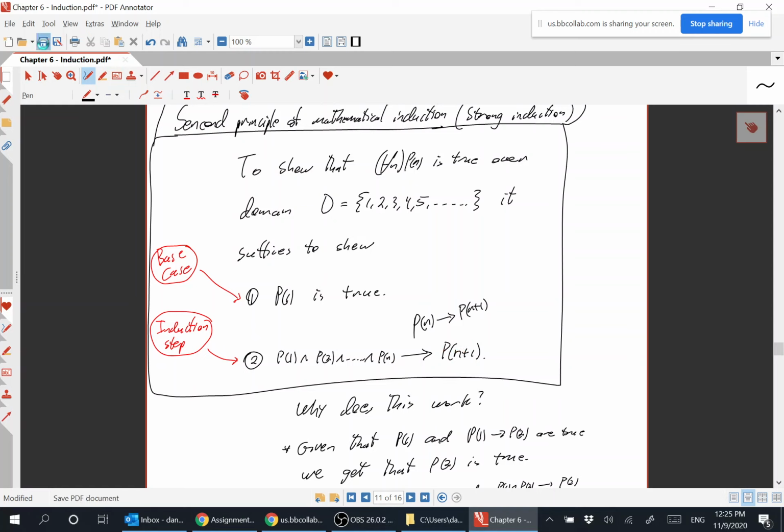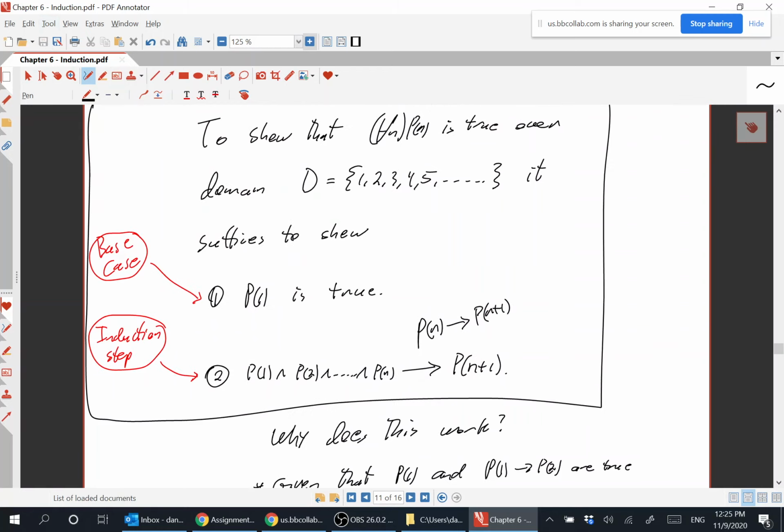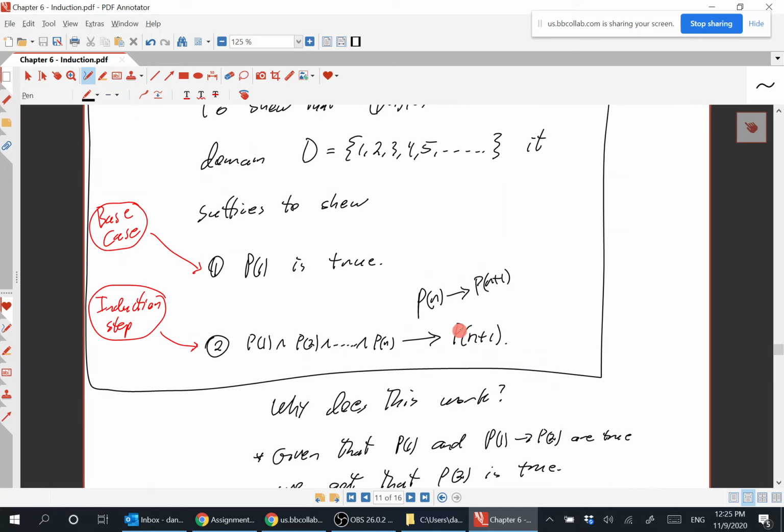And the reason for the second principle of induction, the times when it is used, is essentially when, with the first principle, the reason Pn plus 1 is true is because Pn is true. It's essentially the operating principle or idea with ordinary induction: step n plus 1 follows from step n.